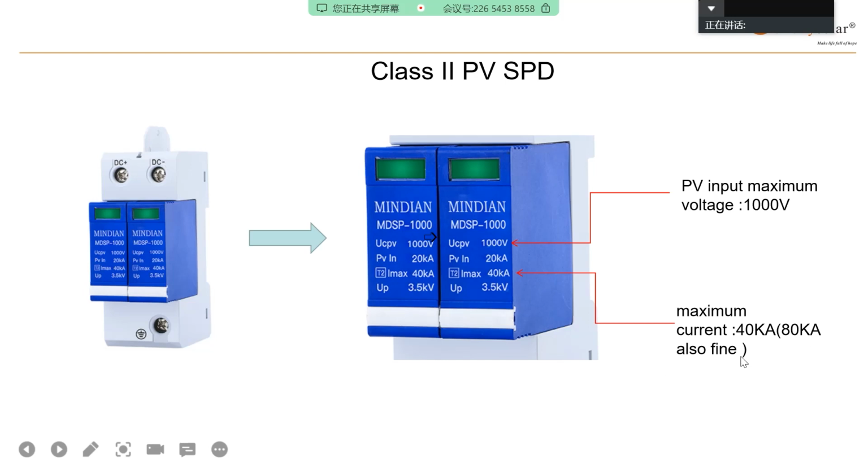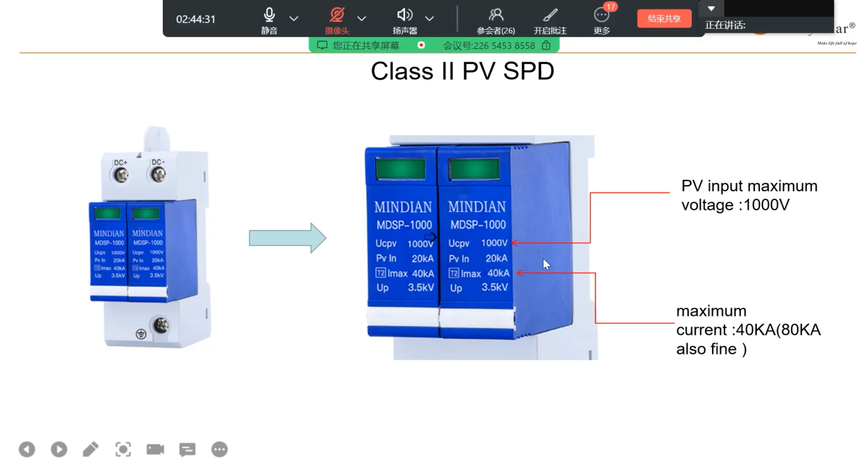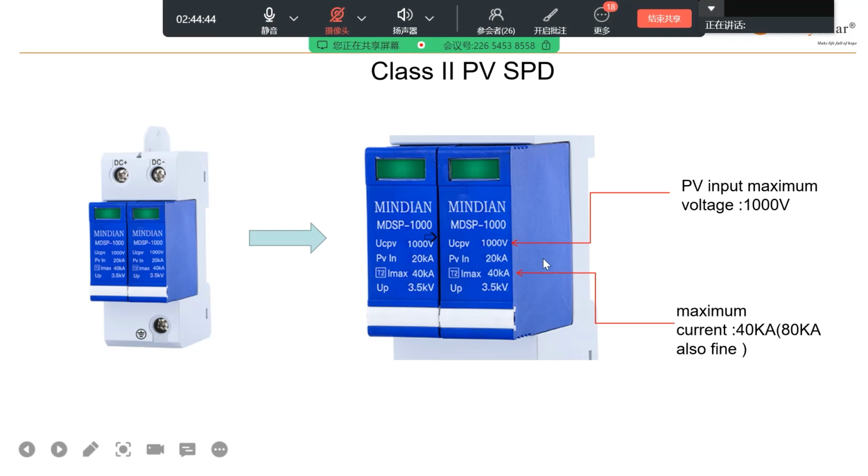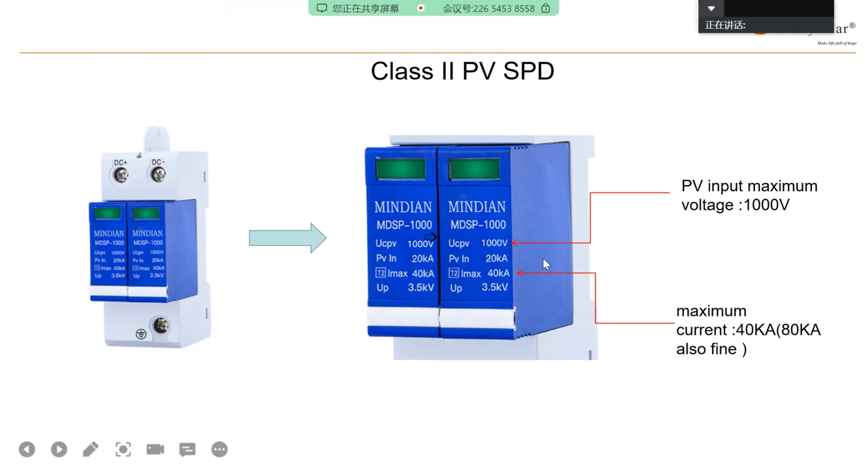Either you choose 40 or 80 is fine. So if you want to choose the PV SPD, please pay attention to these two parameters. We also supply the AC SPD. I didn't share it here, but if you're interested in the AC SPD, you can ask our branch company sales.